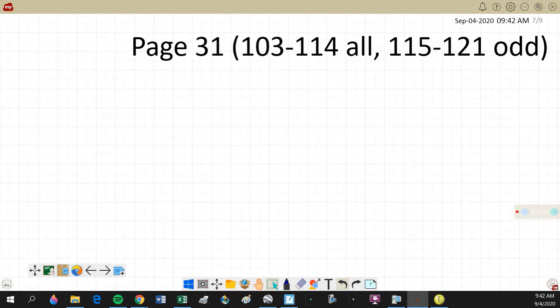Yeah, -3 times -2 is not -6. So there is the mistake. So you have 3 others that you'll need to catch the mistakes. And then the true false are kind of tough, so we'll do all of those together.